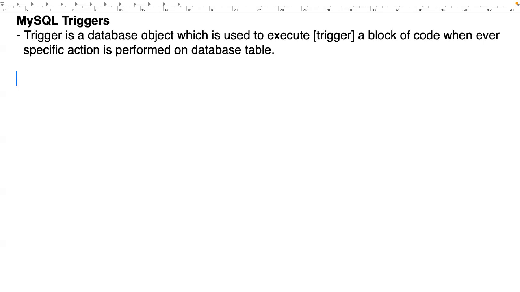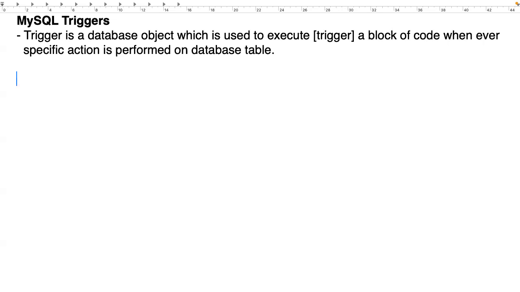What is the difference between a procedure and a trigger? Both are sets of statements which execute. The difference is that a procedure is executed manually and a trigger executes implicitly. Internally, it will run automatically and perform any specific action.